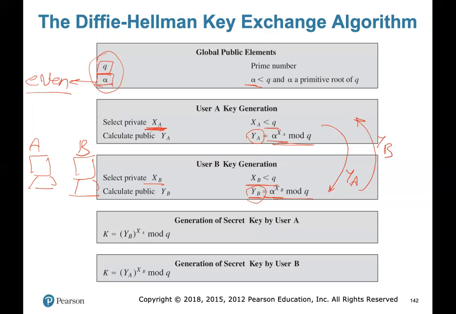And then the rest of this will be this. At the Alice side, Alice has received YB, and it calculates YB to the power of XA. XA is the Alice private key. So Alice has its own XA.